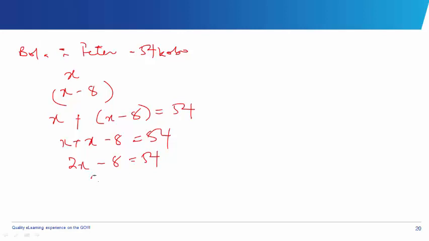We move 8 to the other side, so 2x equals 54 plus 8. When we add that, we have 62. Therefore, x equals 62 divided by 2, which is 31.